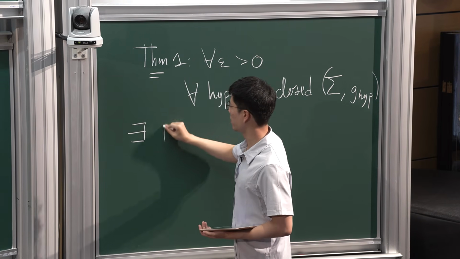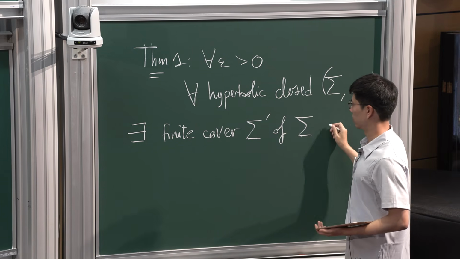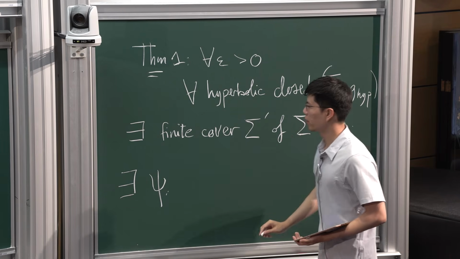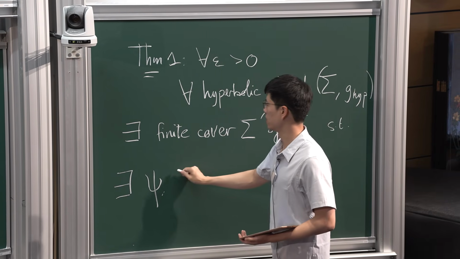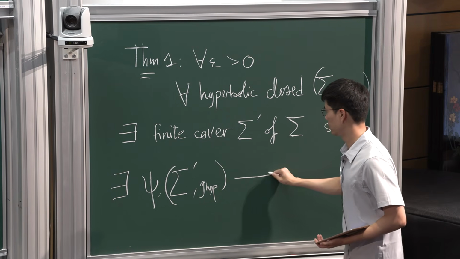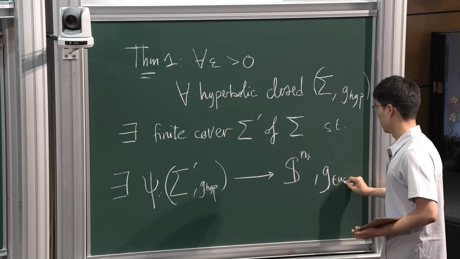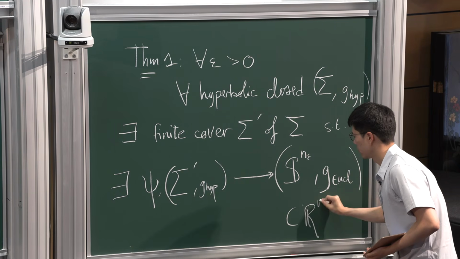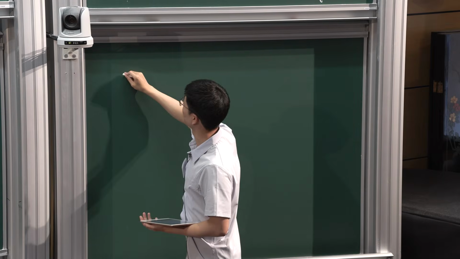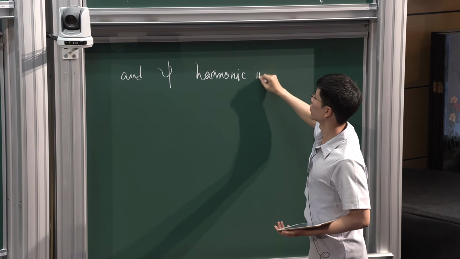The claim is that there exists a finite cover such that you can map this finite cover in a very nice way inside Euclidean space. So psi is a harmonic immersion.